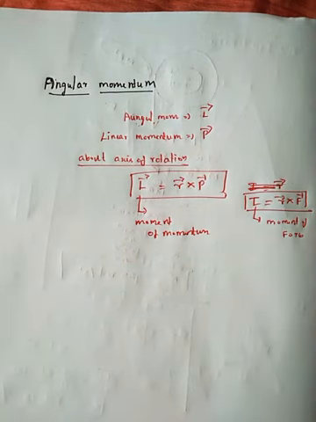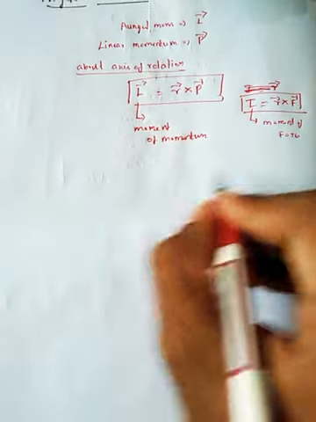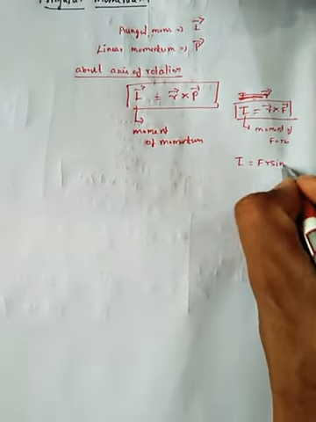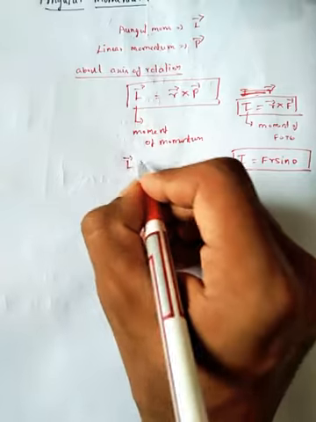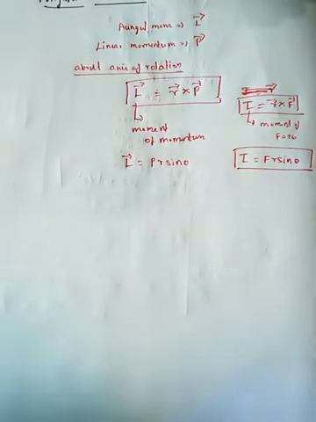When you go for questions, you should have a very good idea about these things. Let's move forward. I already discussed that torque equals F r sine theta. Same like that, angular momentum equals P r sine theta.